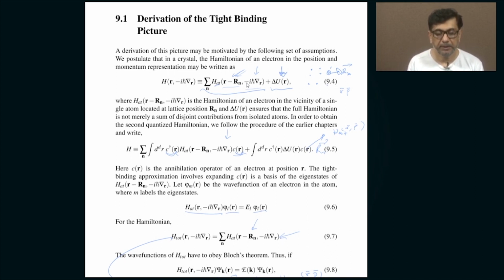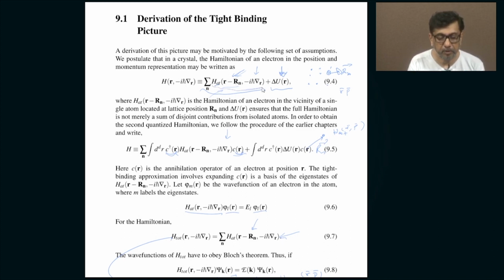Now, an electron moving in such a crystal will have a Hamiltonian which is specific to that particular atom. So, if r is the position of the electron inside the crystal, r minus R_n is the position of the electron relative to that particular atom at R_n.